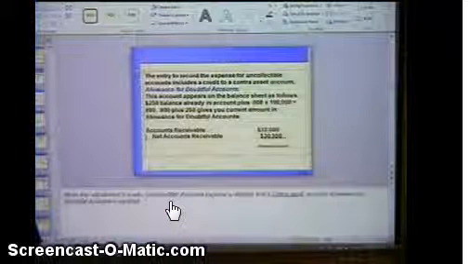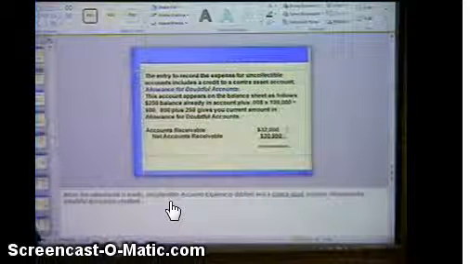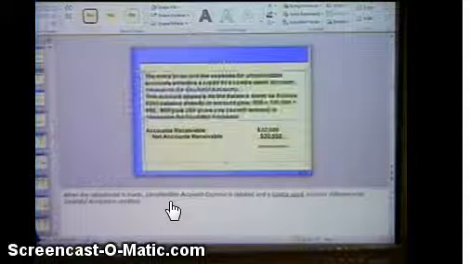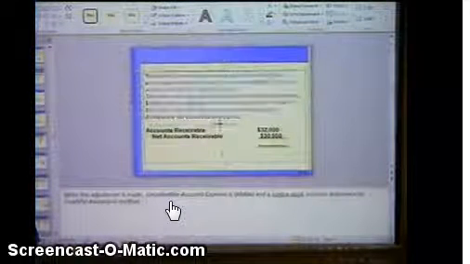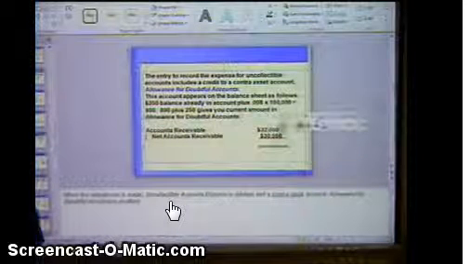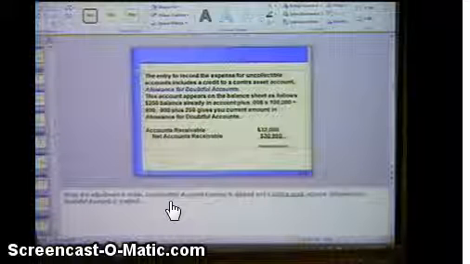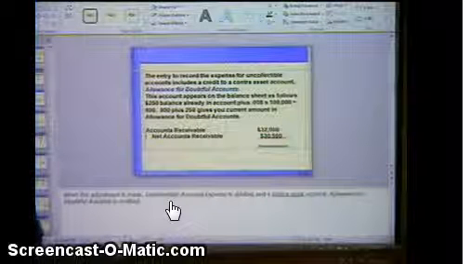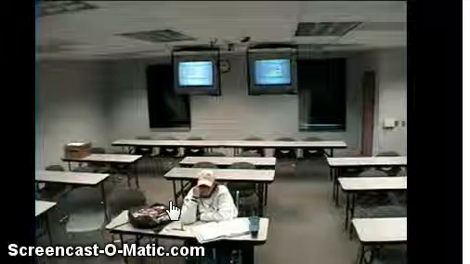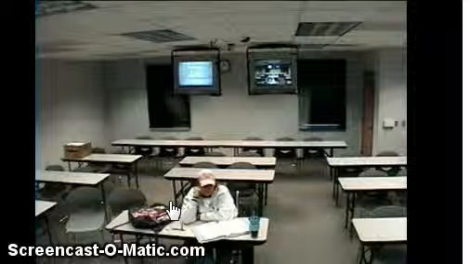Why is this not happening for me? I know, but I can't see it. It's not letting me see that box. Hang on, guys. It's sticking it in there and not letting me see it. It's not even letting me get over there to delete the darn thing. Accounts receivable. Let's see what happens. 32,000. Yeah, I got that. Allowance for doubtful accounts.